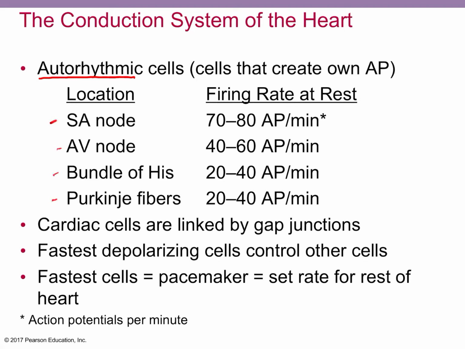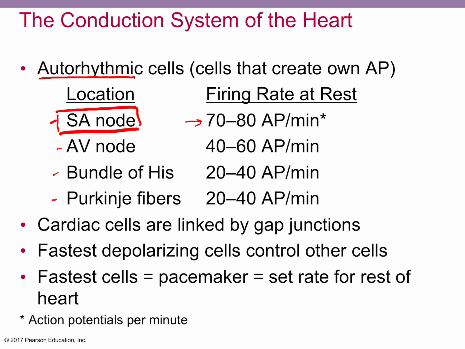So autorhythmic cells can create their own action potential, which means that their membrane can depolarize spontaneously. And these are actually located all throughout the heart, but they're concentrated in areas of the SA node and AV node. So they're called pacemaker cells. And the reason why the SA node is the pacemaker, if you remember from anatomy, is because it creates the fastest action potential.